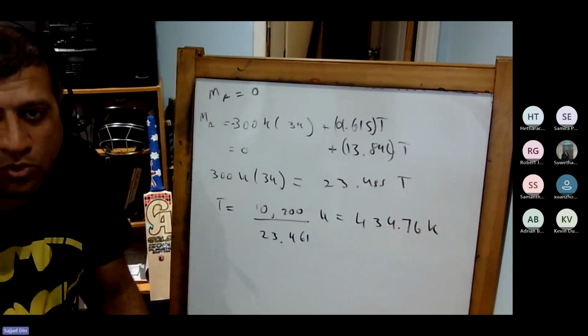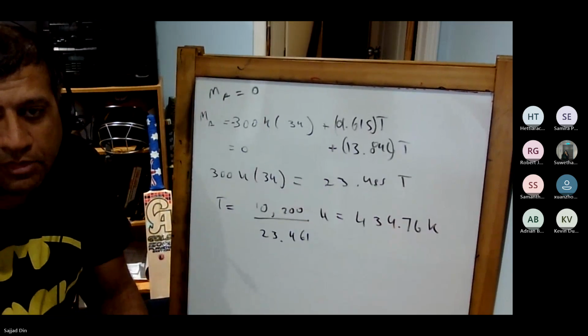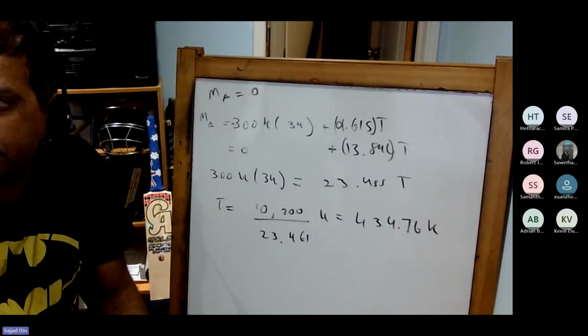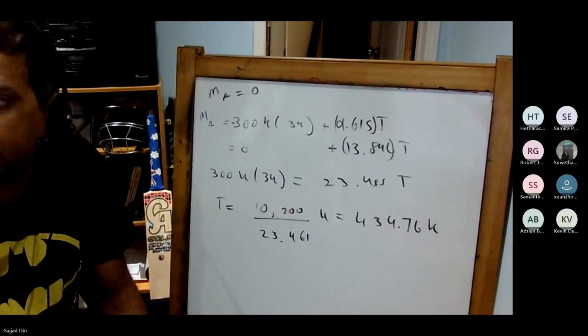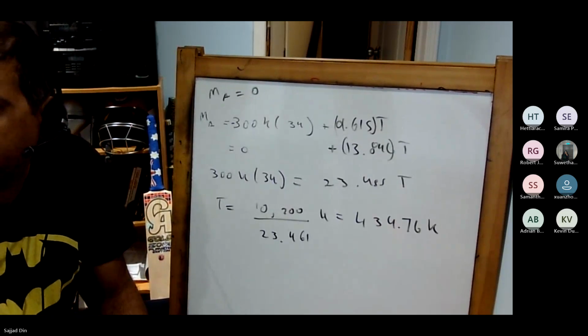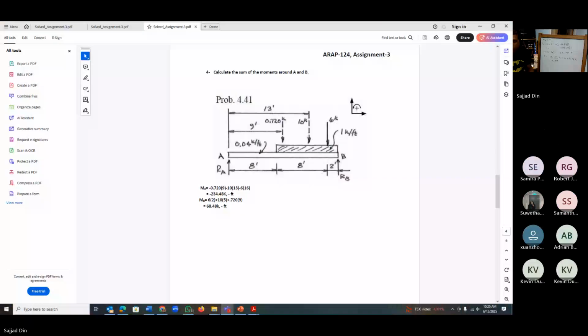Let's take a look at one more before we finish. So for question number 4, if you're calculating the moment around A and B, let's see, how many weights do you have here?